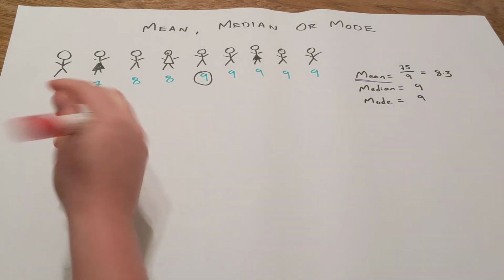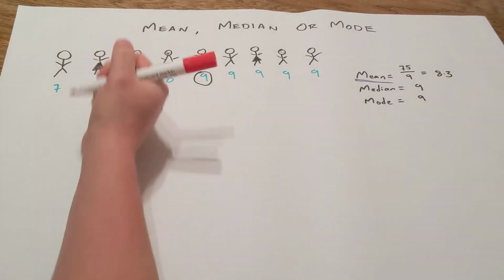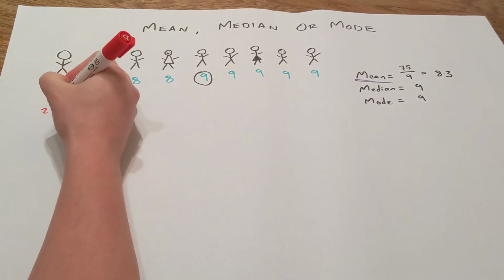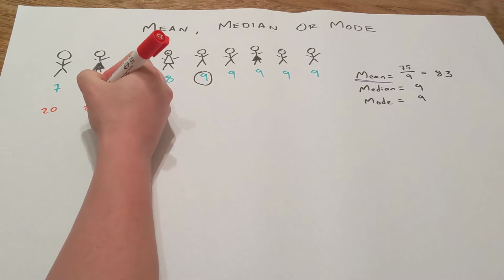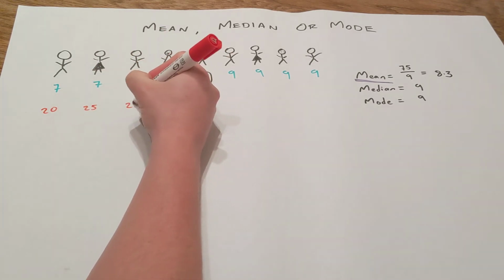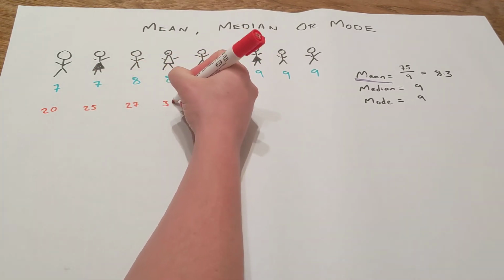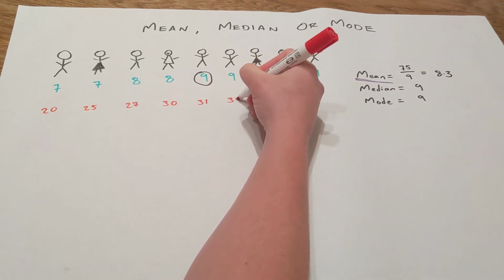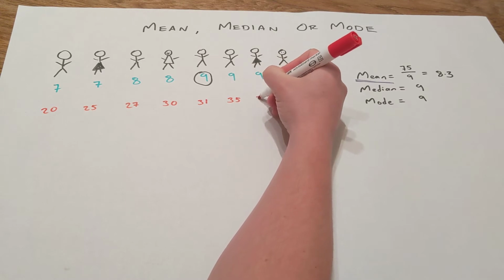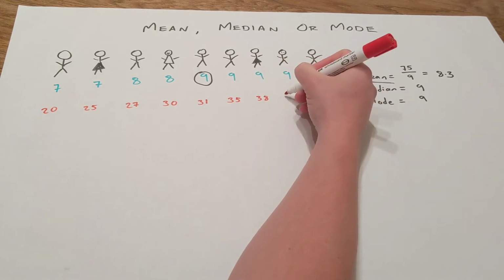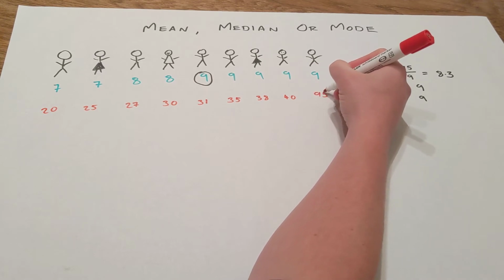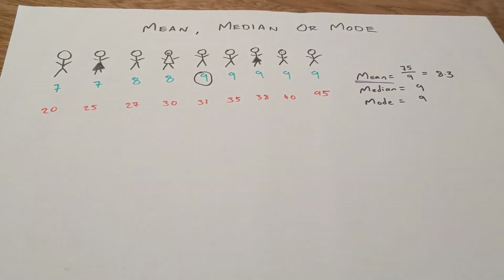Let's say we ask this class what they got in their homework. The times they gave us for how long they spent each night on their homework were 20 minutes, 25, 27, 30, 31, 35, 38, 40, and then someone at the end spent 95 minutes on their homework.